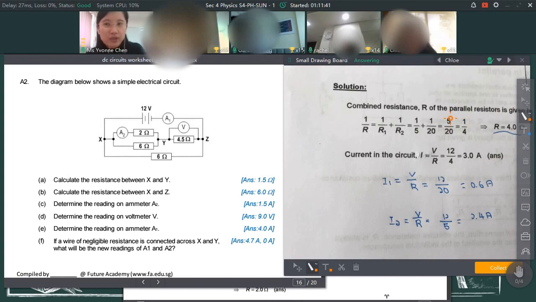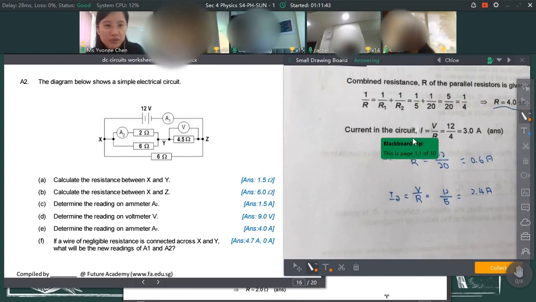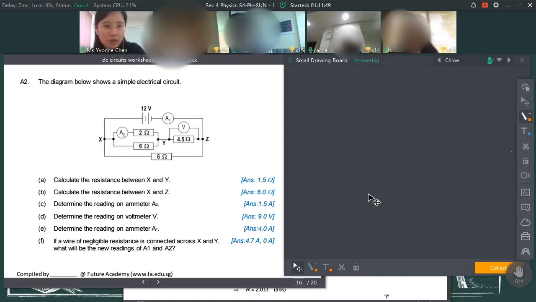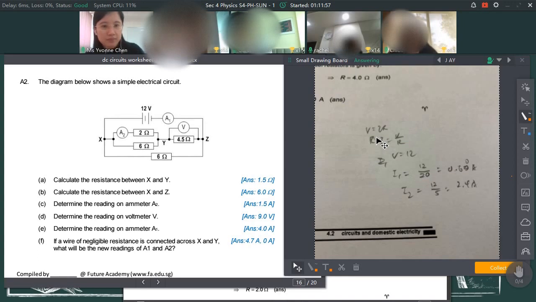Okay, you can delete or remove the photo you took just now. I'll help you to delete it. So everybody please upload your photo once you have done. Okay, take a photo.